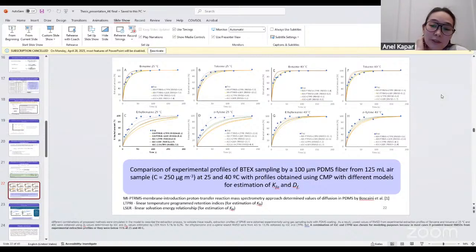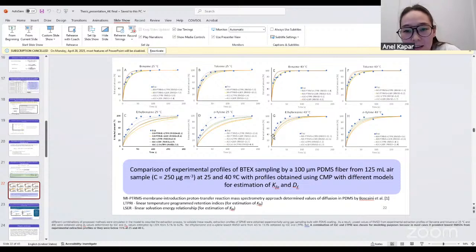Why do we use replicates? Because my research was focused on the whole extraction process and obtaining the extraction profile.